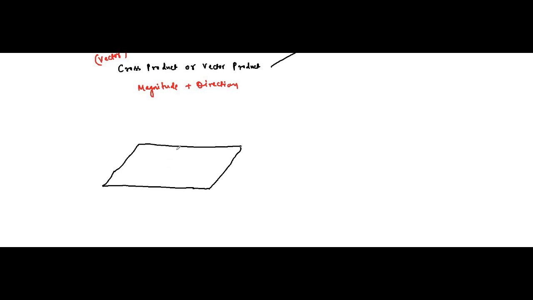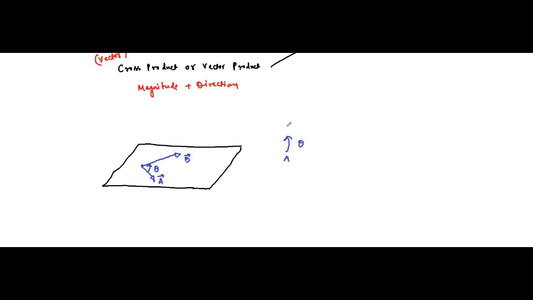Two vectors, let's say we draw it from here. Let's say this is A vector, this is B vector, and the angle between them, the direction of the angle, pay attention to the arrowhead which is placed, it is directed from A to B. Okay, the direction of the angle is in this way, from A vector to B vector.